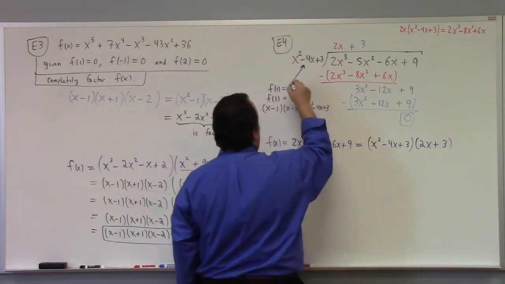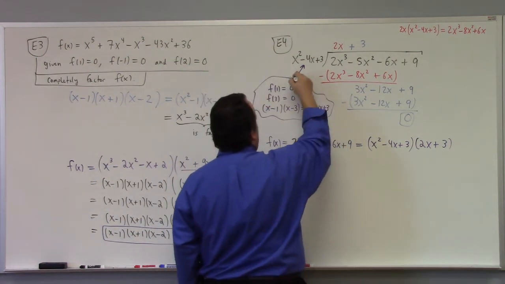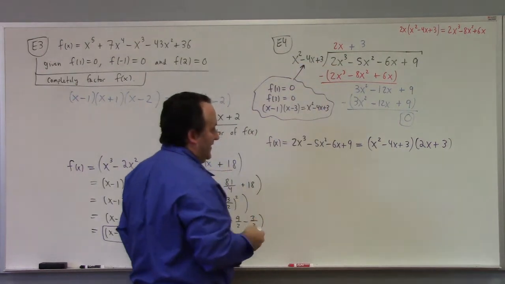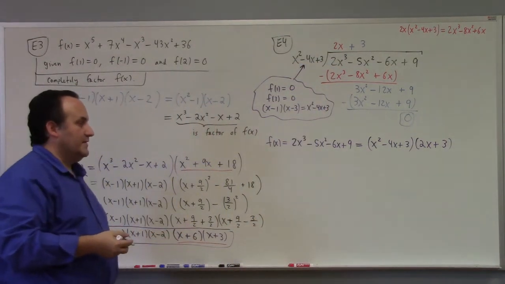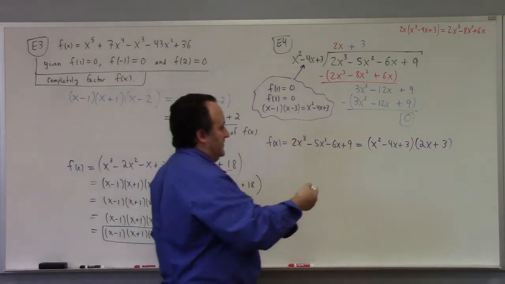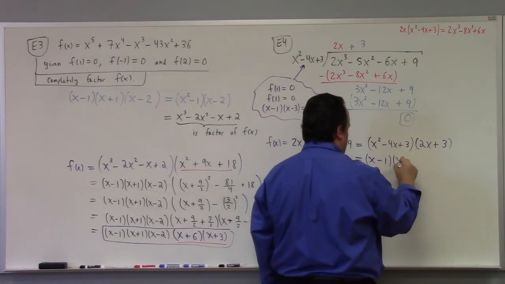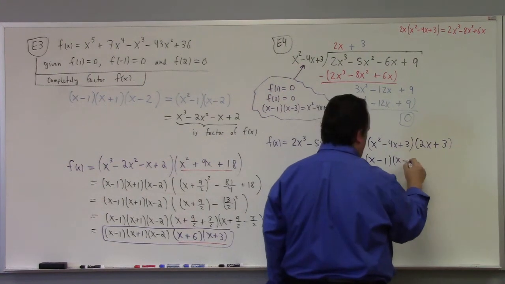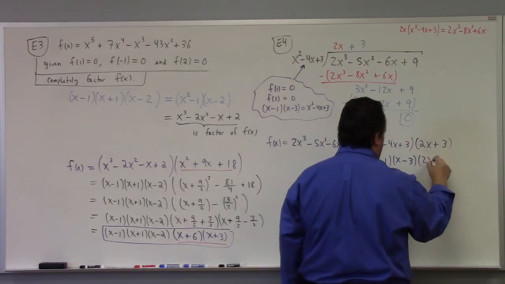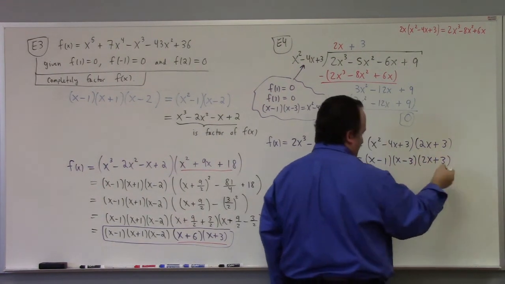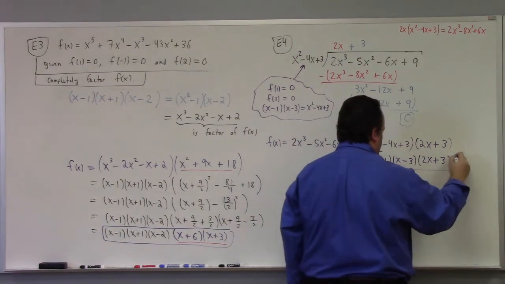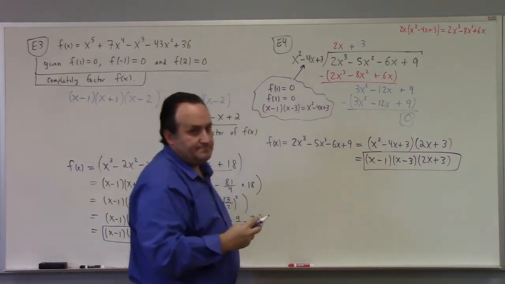So that's why we were dividing this into that, okay? That's the backstory for this example. All right, so of course this factors to x minus 1 times x minus 3, and then you got your 2x plus 3, and that can't be further factored, so there you go, completely factored again.